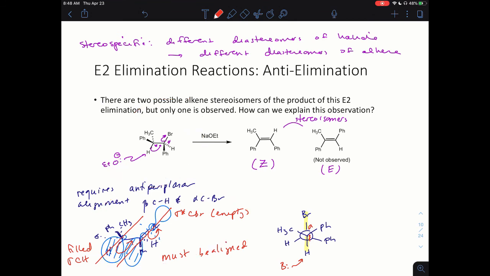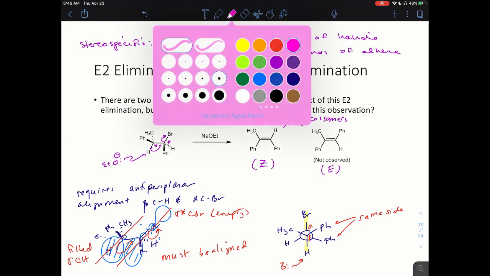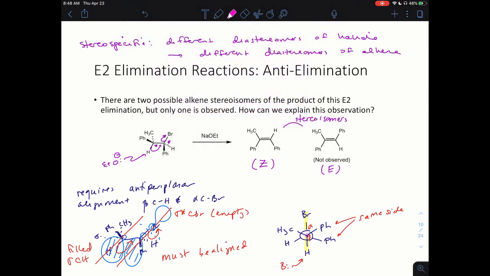And in this conformation, you can see these phenyl groups, they're on the same side of this double bond that's forming between our carbon atoms, which are kind of hard to see, but we have our beta carbon in the front and our alpha carbon in the back. There's a double bond forming between them.